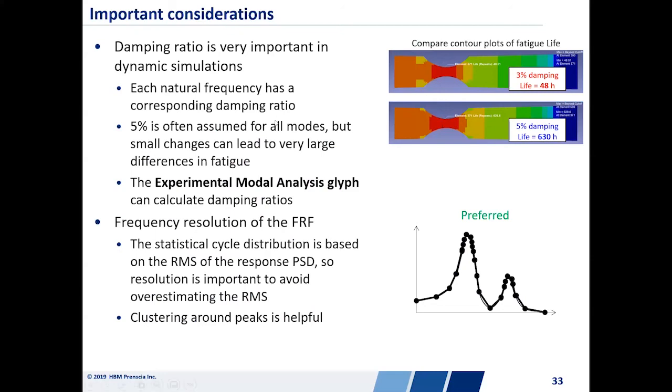So when we solve for different frequencies in FE, we want to make sure that we have represented this curve fairly well. We want to capture the peaks, and maybe clustering around those peaks might be necessary. That could be a little bit helpful in getting a good representation of the peaks. But we also want to have enough data points in between the peaks to accurately represent the valleys, thus getting a good representation of area under the curve.